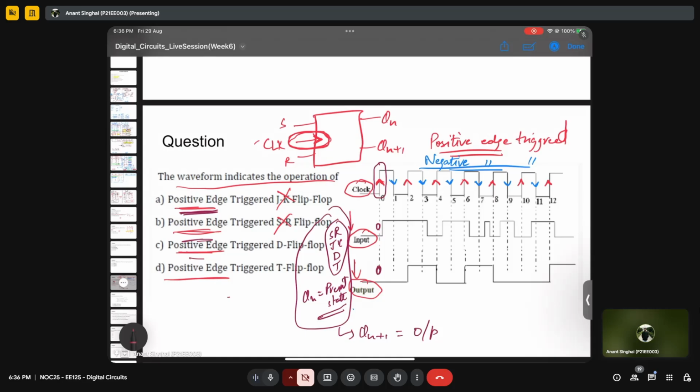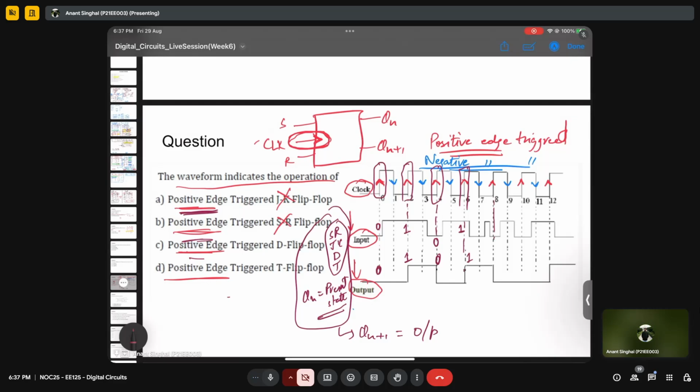So now if you see the negative and positive edge, here the input is 1 and the output also changed to 1. Here the input is 0 and the output also changed to 0. Now here the input is 1, the output also changed to 1.